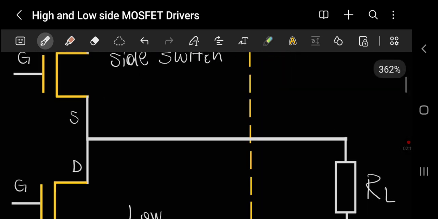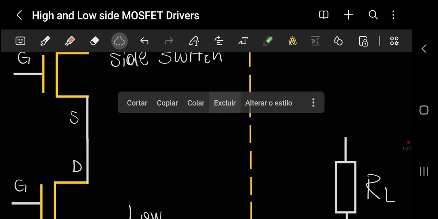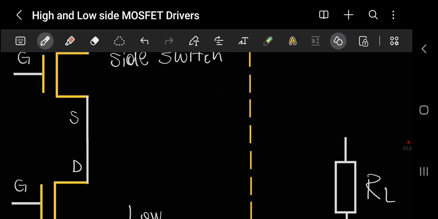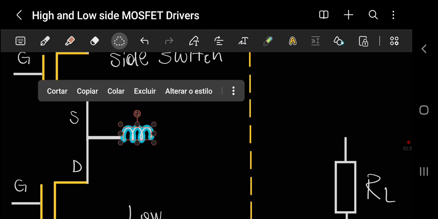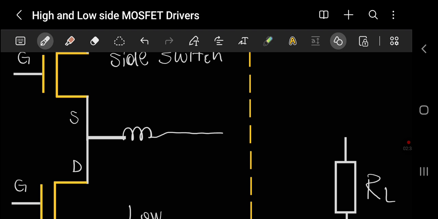As I was saying, this type of circuit is commonly used in synchronous buck converters, and we connect it to make the topology of a synchronous buck converter. We connect an inductor on this switching node. That is the switching node.